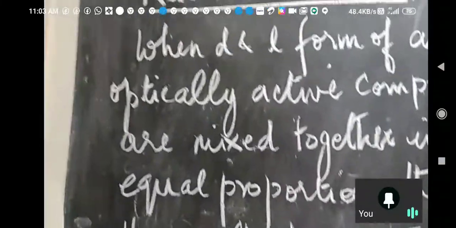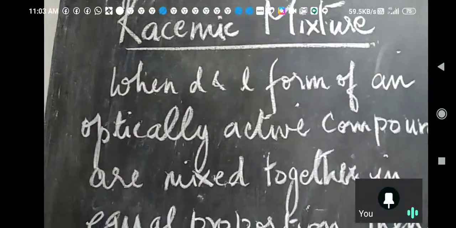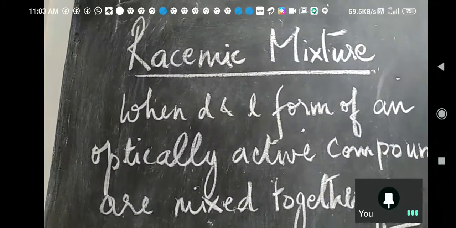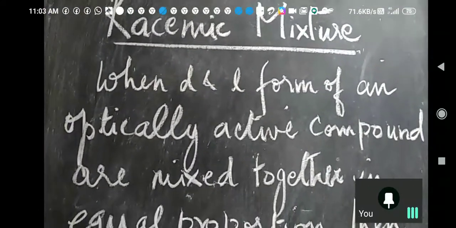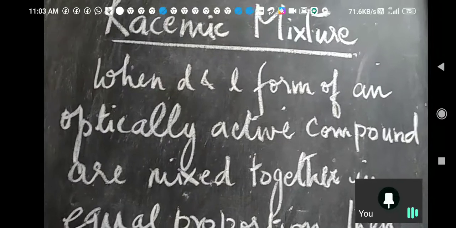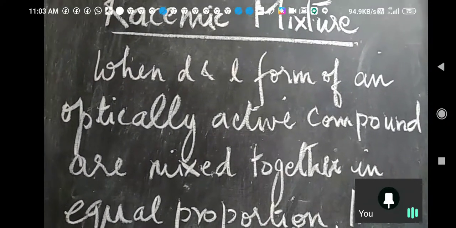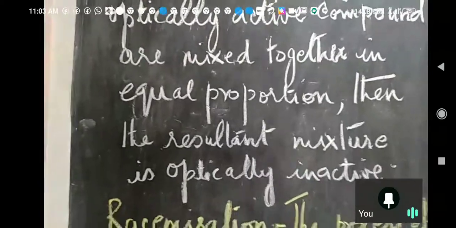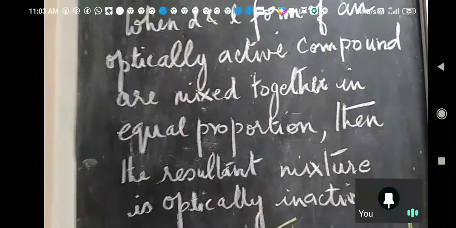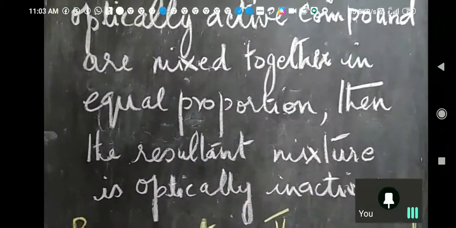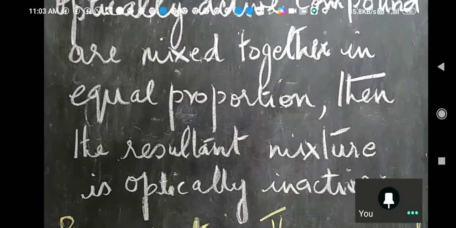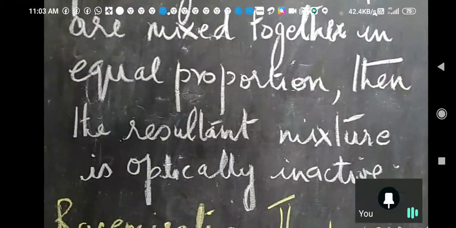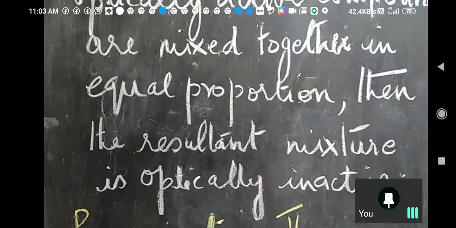Such a mixture is known as a racemic mixture. It is a mixture of the D and L form of the same compound in equal amount, such that the resultant mixture is optically inactive. Example I have given you, D glucose and L glucose, 20 grams of each one of them.